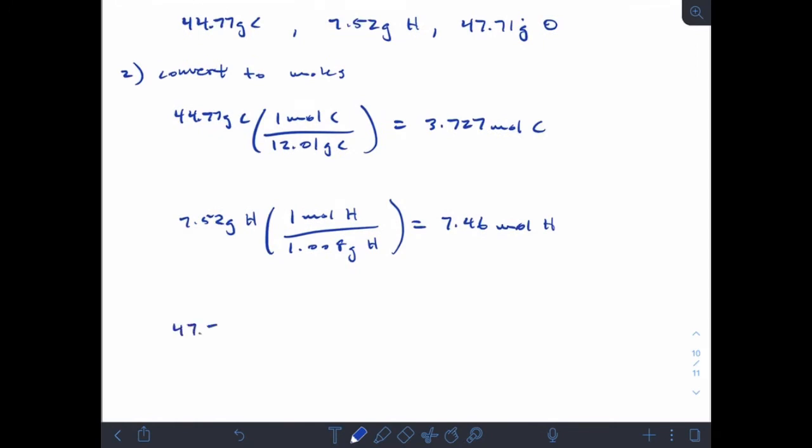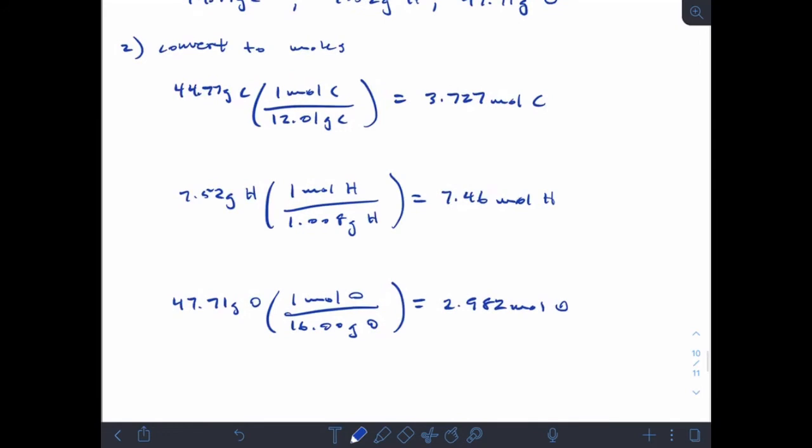And then we have 47.71 grams of oxygen. 1 mole of oxygen is worth 16 grams. And we get 2.982 moles of oxygen. All right, so I've got 3.727 moles of carbon, 7.46 moles of hydrogen, and 2.982 moles of oxygen.